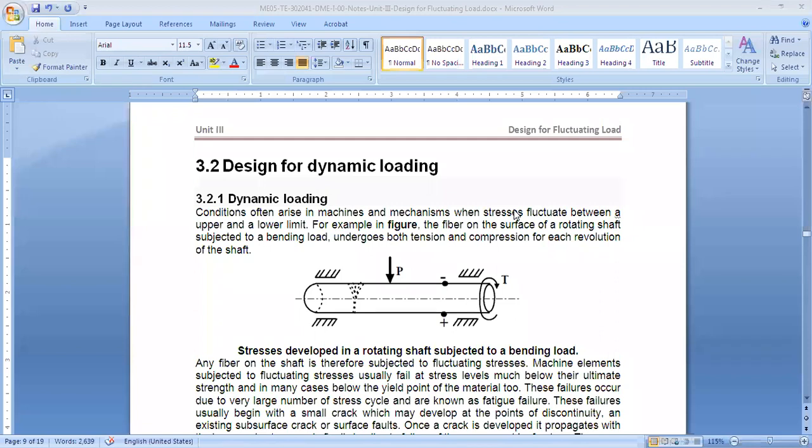The more you increase the speed, the more torque you apply. Are you getting my point? So basically any element where the load is changing and not fixed is called dynamic loading. Practical examples are of this dynamic loading type, and the failure happens because of fatigue.